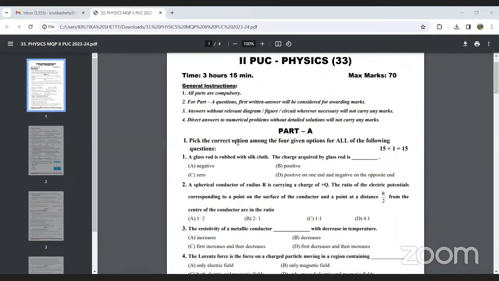A glass rod is rubbed with a silk cloth. The charge acquired by the glass rod is. As you can see, you have 4 options: negative, positive, 0, positive on one end and negative on the opposite end. Yes, what is your answer, students?